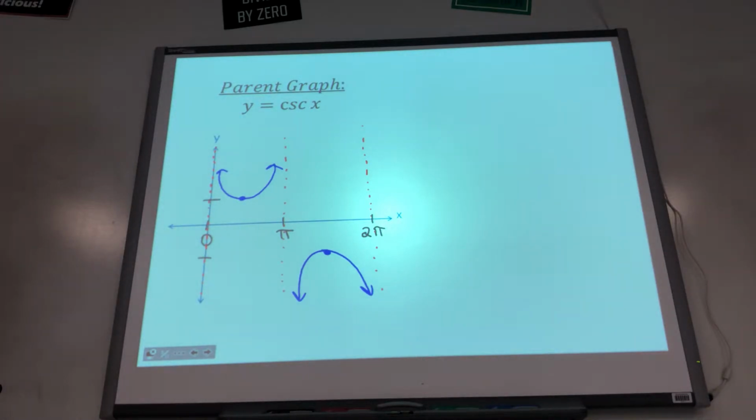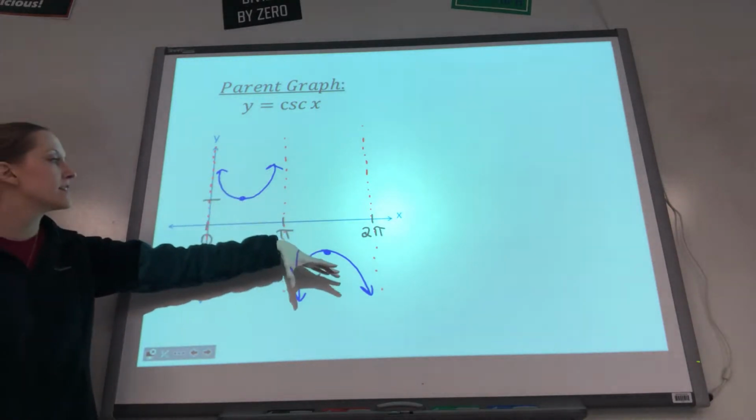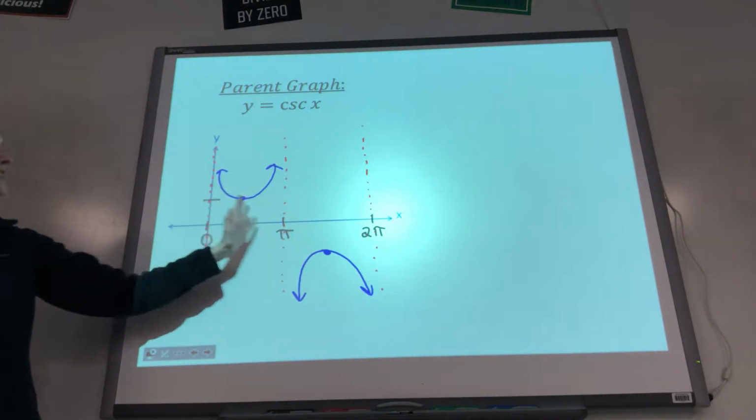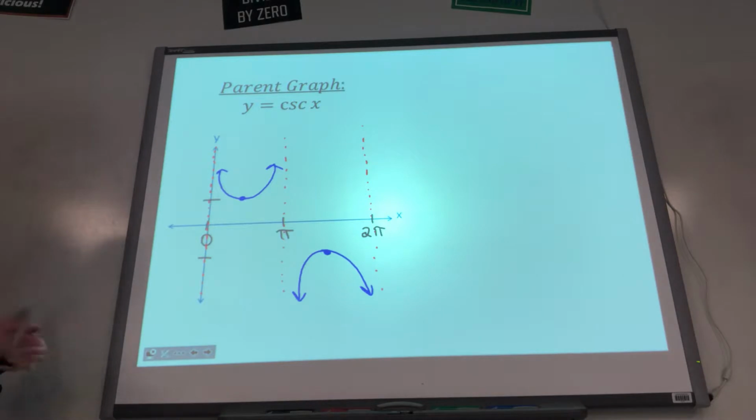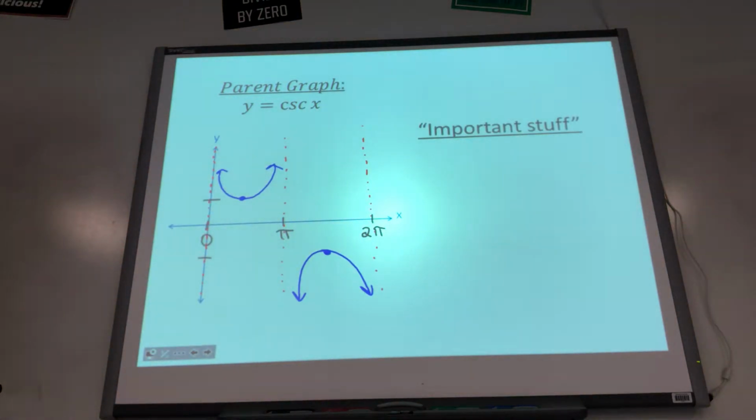It's kind of nice with secant and cosecant because they are so similar. The shapes are exactly the same. It's just that the asymptotes are in different places. So, important stuff. For cosecant, you can see it from the graph, but the left asymptote is at 0.